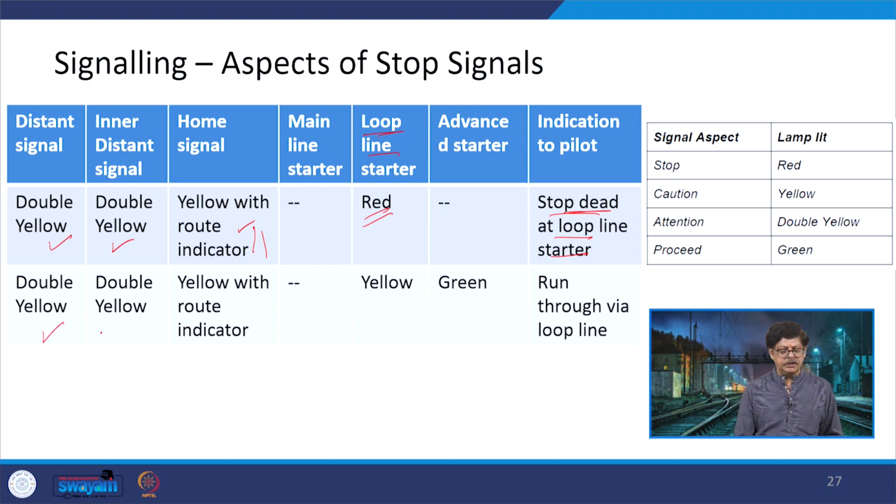Then if it is double yellow and yellow with the route indicator again for the loop line, and where the loop line starter is indicating yellow and the advanced starter says green, that means you are coming onto this particular station, but you are moving through the loop line, not through the main line, and still you are just running through, meaning you are not stopping, you are simply going, but the main track is not being given to this particular train.